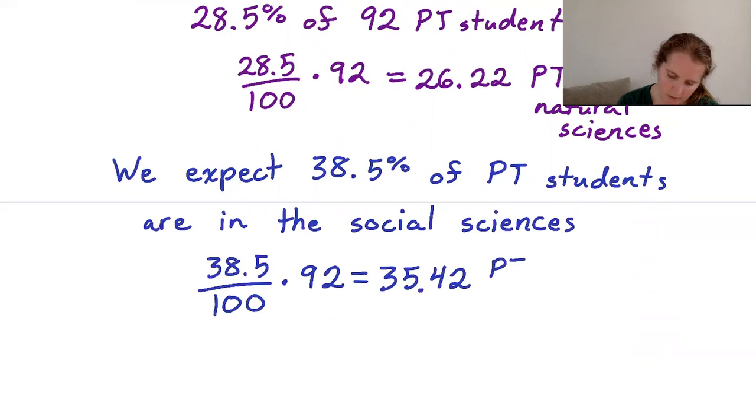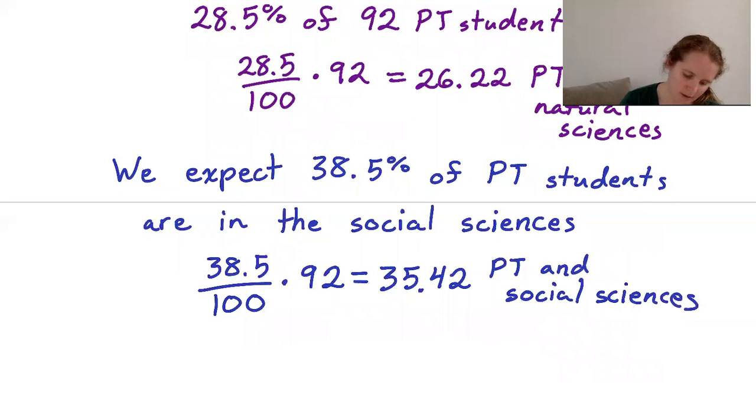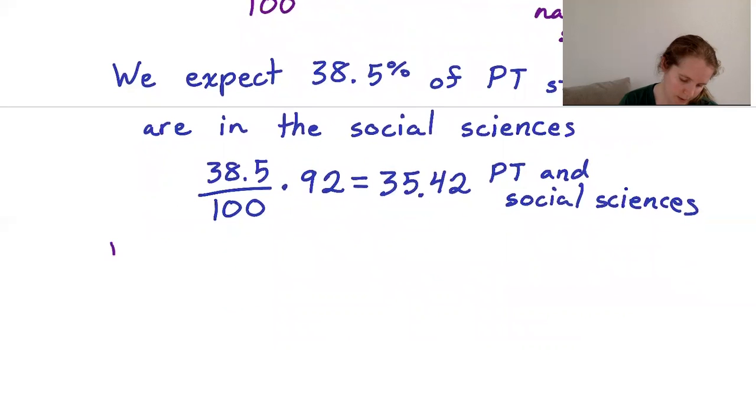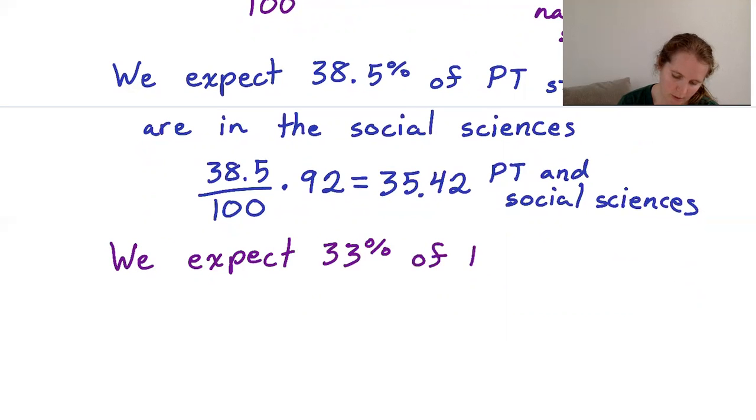This is what we expect to be part-time and social sciences. And then we expect 33% of part-time students are in the humanities.